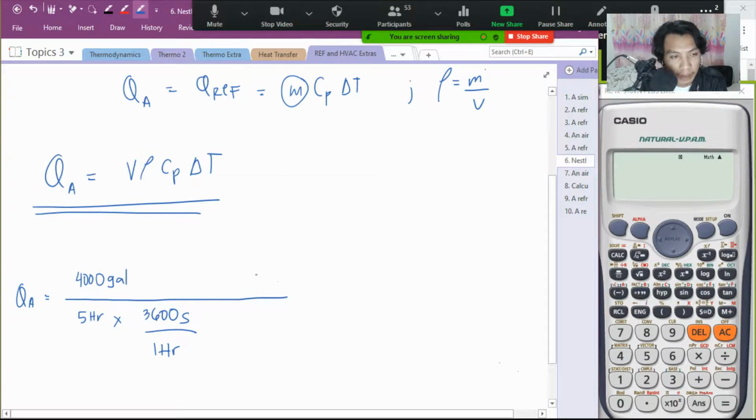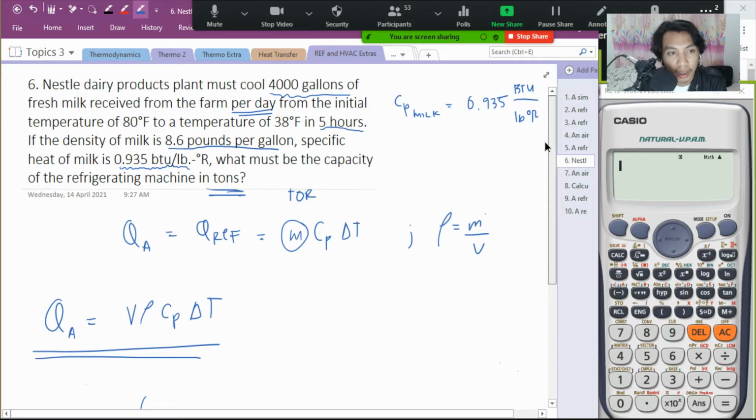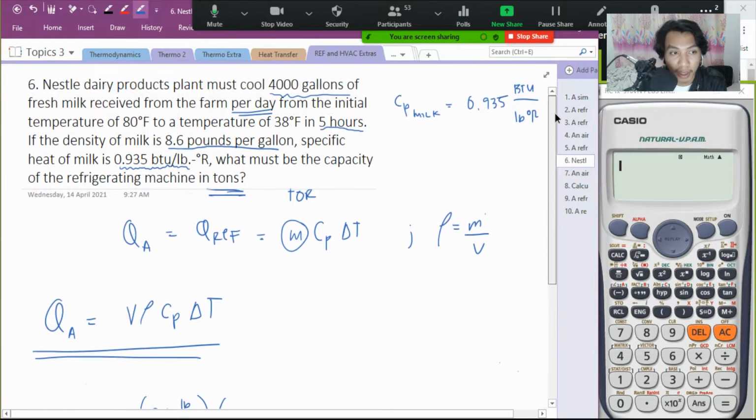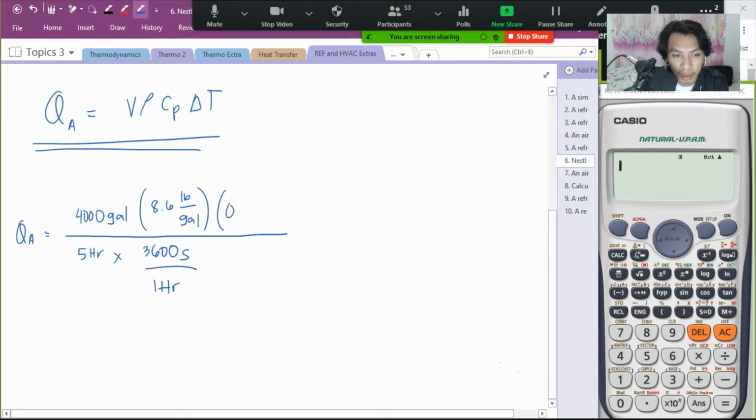Then for the 4,000 gallons, you are given its density, 8.6 pounds per gallon. Then the CP, what was given to you? 0.935 BTU per pound degree Rankine.